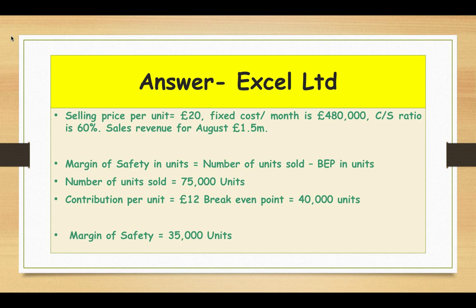Therefore, we can calculate the margin of safety in units, which is the number of units sold, 75,000, take away the break-even point in units, which is 40,000. Therefore, the margin of safety is the difference between 75,000 and 40,000. So that is equal to 35,000 units.